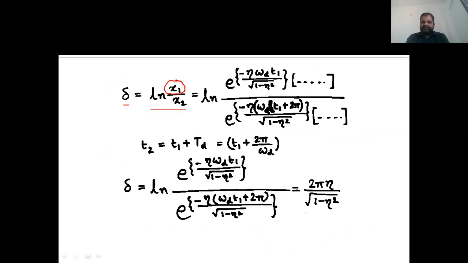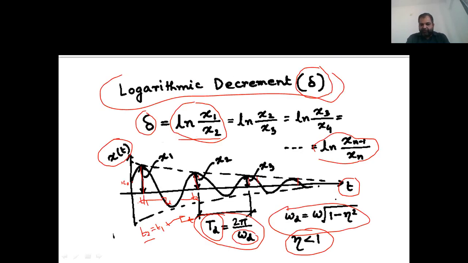So if I write this equation in terms of the original equation that you derived earlier, you just remember the underdamped free vibration normal equation, which says e raised to minus eta omega t into a cos omega dt plus b sin omega dt. Now from this formula I can say omega is nothing but omega d upon under root of 1 minus eta square.